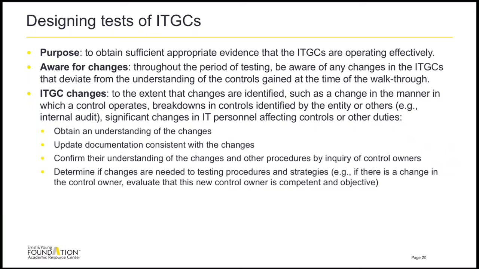So for changes, to the extent that changes are identified, such as a change in the manner in which a control operates, breakdowns in controls identified by the entity or others, for example internal audit, or significant changes in IT personnel affecting controls or other duties, we need to obtain an understanding of the changes, update documentation consistent with the changes, confirm our understanding of the changes and other procedures by inquiry of control owners, and determine if changes are needed to the testing procedures and strategies.